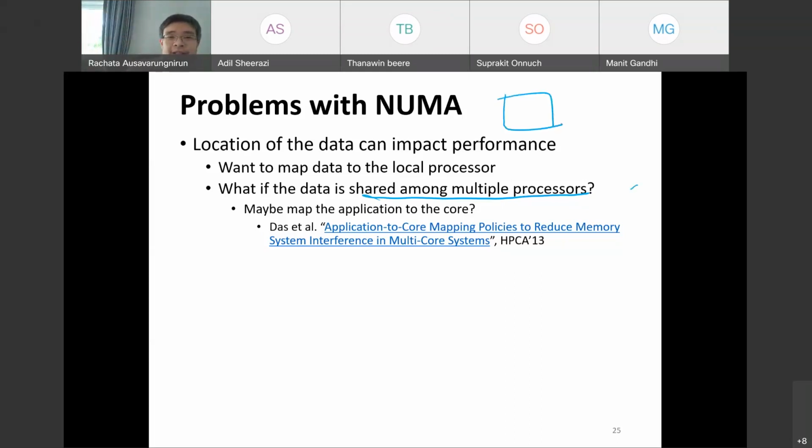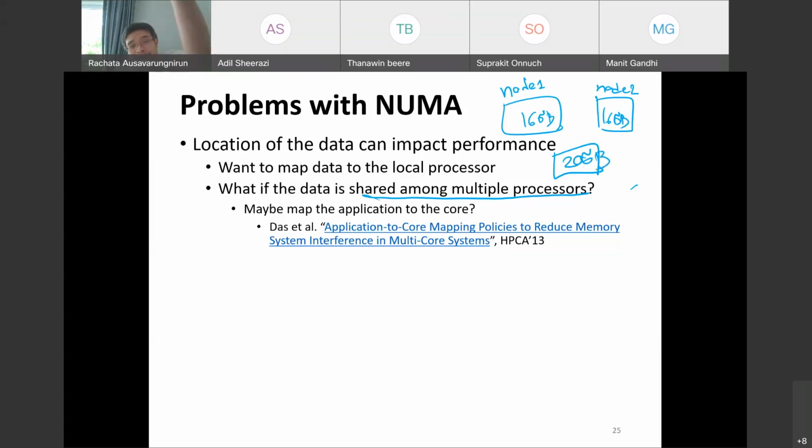Let's say I have compute node 1 and node 2, and this has 16 gigabytes, this has 16 gigabytes. Your program demands 20 gigabytes. So you will have to allocate it on the other node, right? You basically have to store them in the other node.